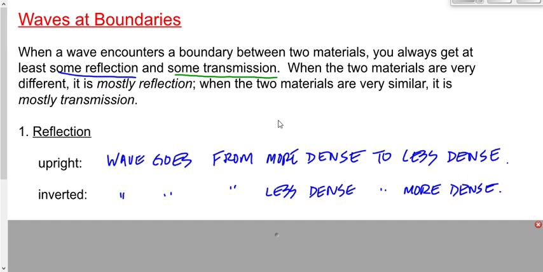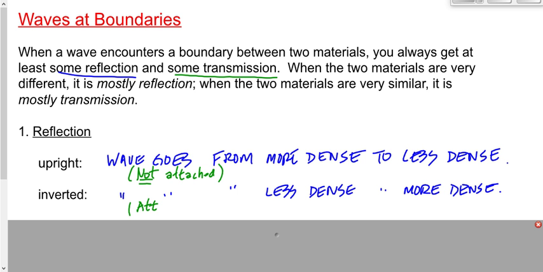Now, another way to think of this, generally, when you're going from more dense to less dense, the slinky or whatever it is is not attached. And it's going to be reflected right side up when it's not attached, when it's going from more dense to less dense.